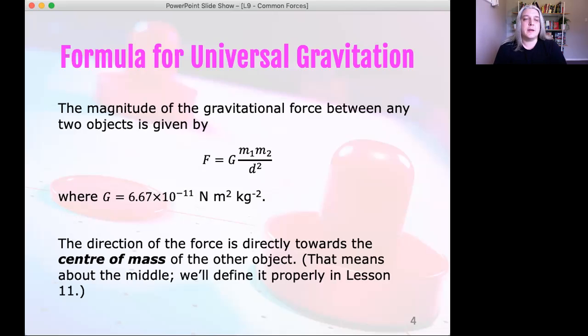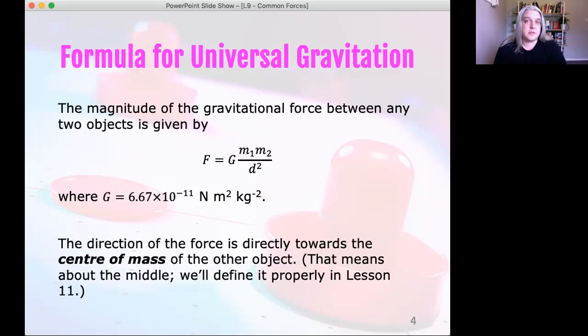So that means the only way that this force gets noticeable is if at least one of those two masses is really, really big, or the distance between them is really, really small. And it turns out you can't really get that small. We'll learn more about the distance that objects can get together in the second half of the course, when we look at what matter is made of.